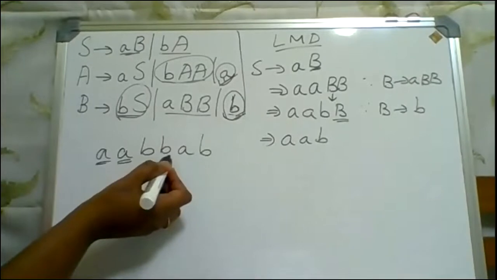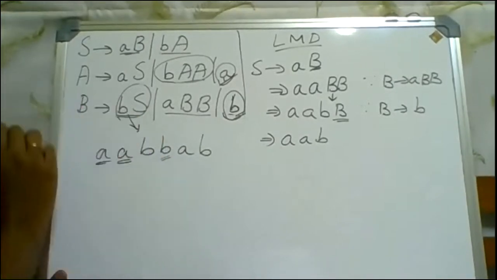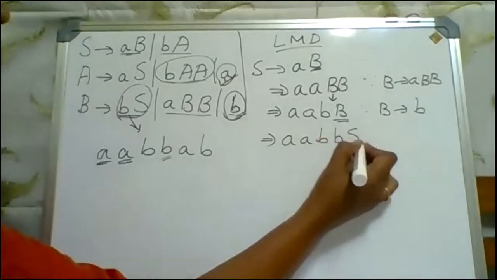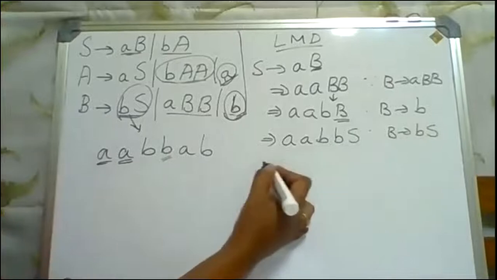But here the fourth symbol is B, so we have to choose the production B deriving BS. So B is replaced with BS.